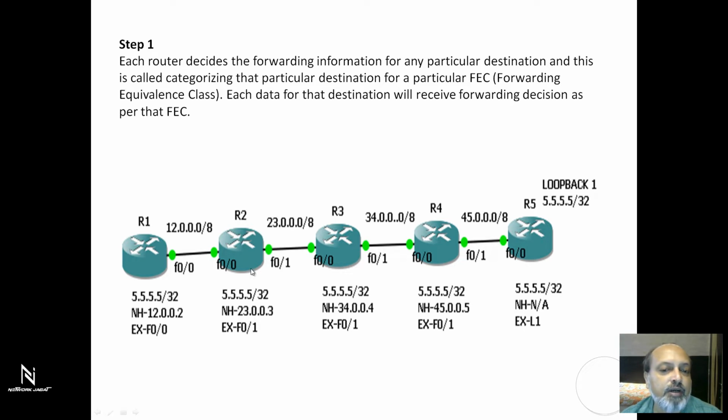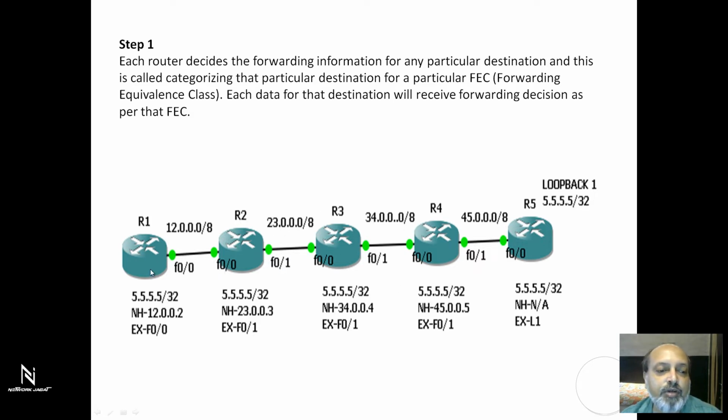If you consider router 2, router 3 and router 4, you can very easily see that both of their interfaces belong to the MPLS domain. So the routers whose interfaces all belong to the MPLS domain are the core LSRs.